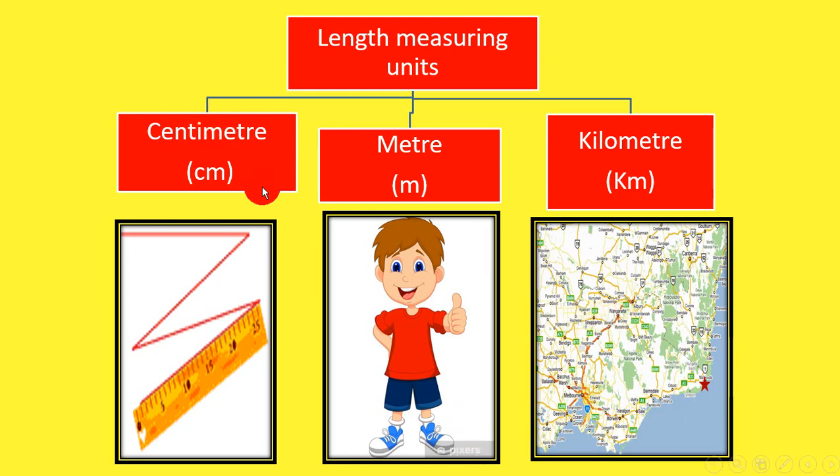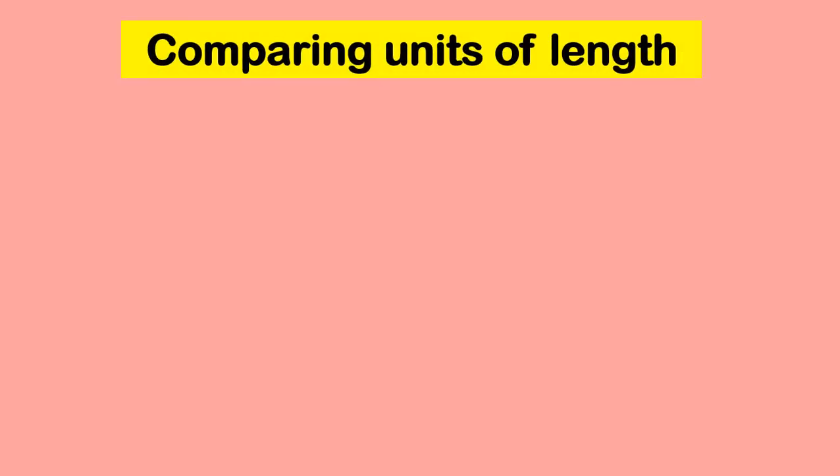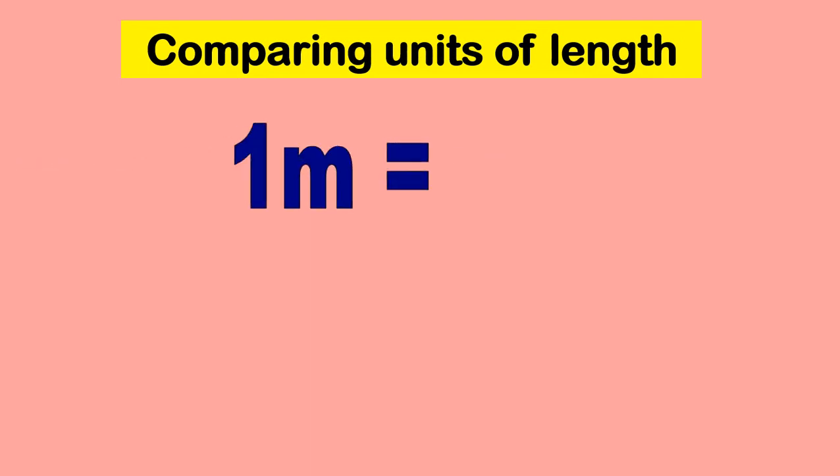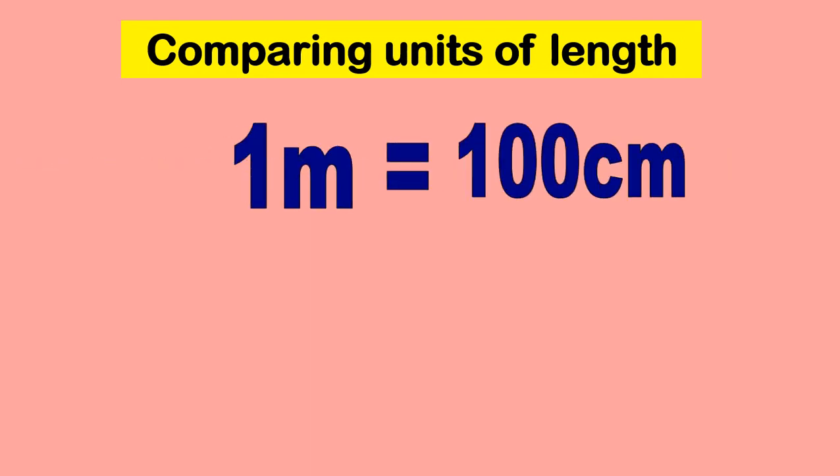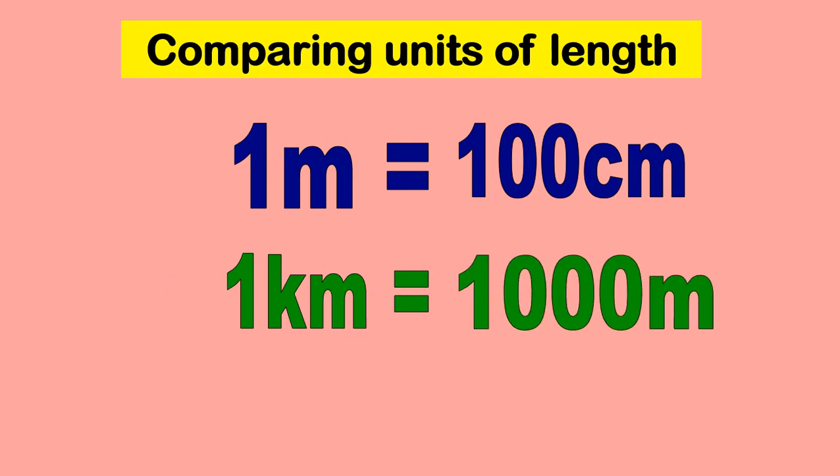Now let's compare centimeter with meter and meter with kilometer. 1 meter equals 100 centimeters, while 1 kilometer equals 1000 meters.